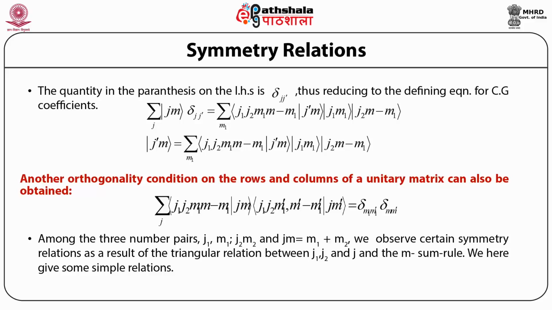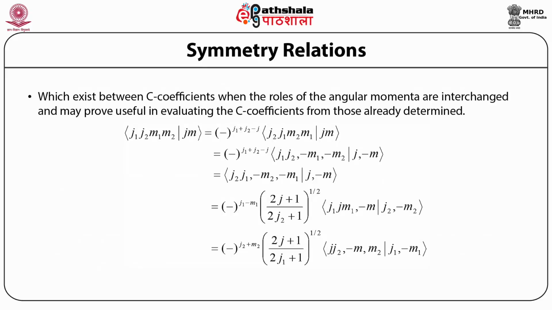So among the three number pairs, that is j1 m1, j2 m2 and jm, where m is equal to m1 plus m2, we observe that there are certain symmetry relations as a result of the triangular relations between j1, j2 and j, and the m sum rule that we have applied over here, that is m is equal to m1 plus m2. Symmetry relations.